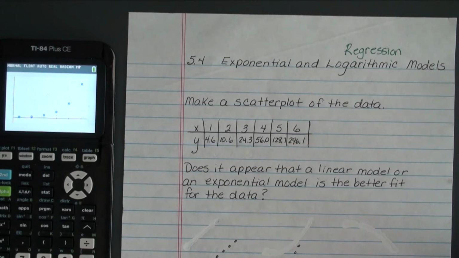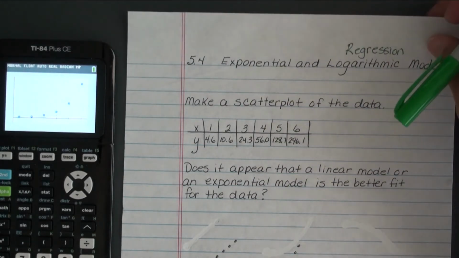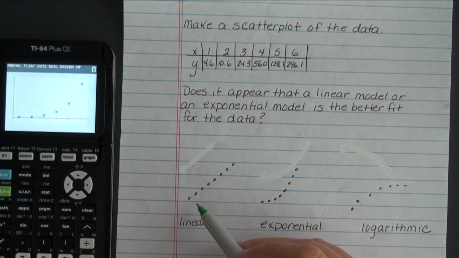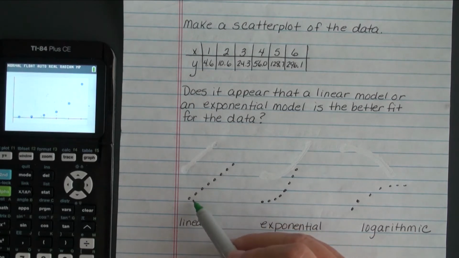Now the question asks, does it appear that a linear model or an exponential model is the better fit for the data? So let's talk about some specific models before we answer this question. A linear model is a model in which the points appear to be in a straight line.